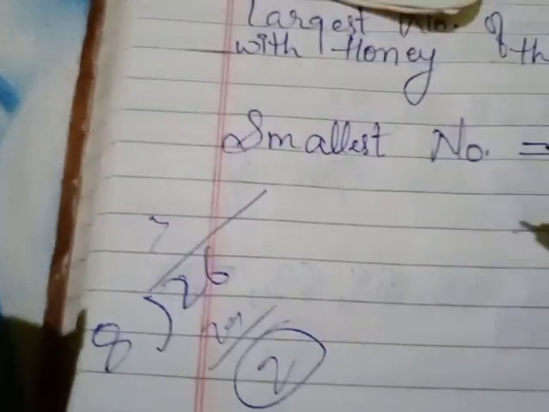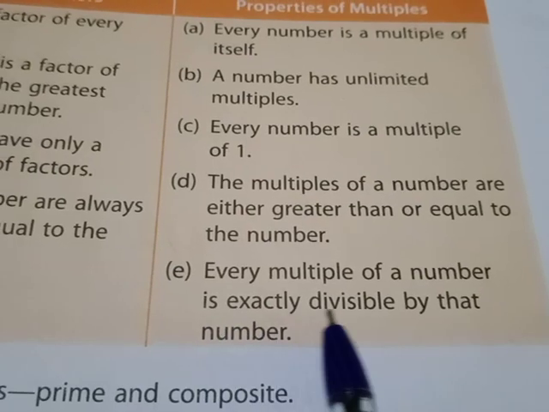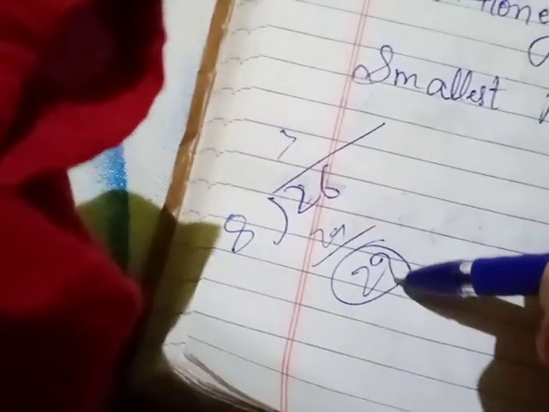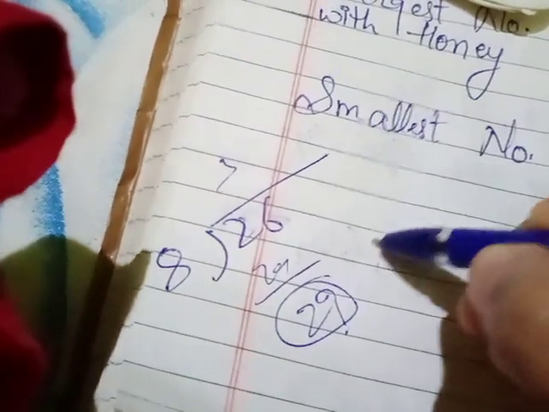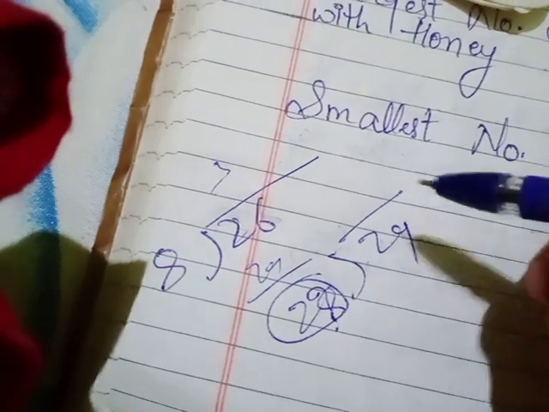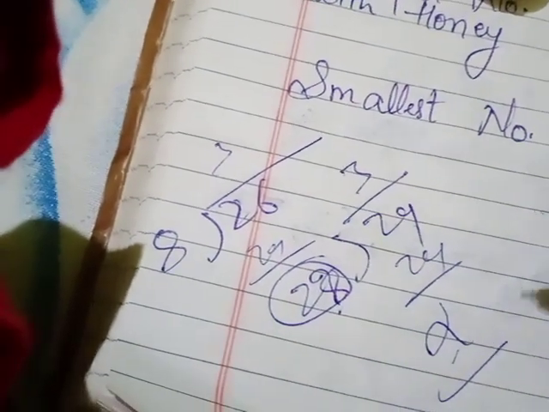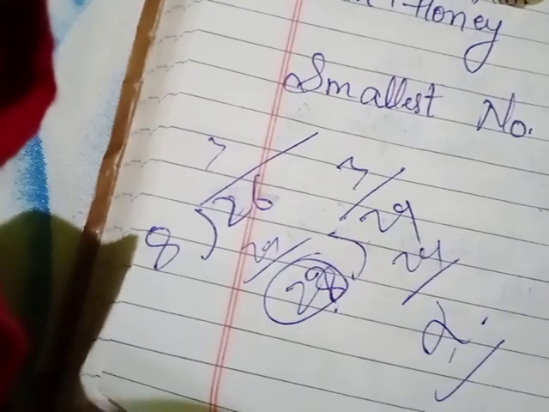So this is your last point, that it is exactly divisible, means there should be no remainder left. So 24 will be a multiple of 8. Yes, because in 3 times it will be completely over. No remainder is left here. Are you getting my point?